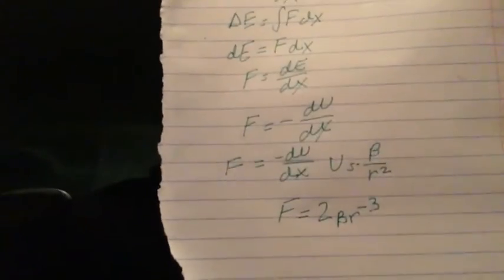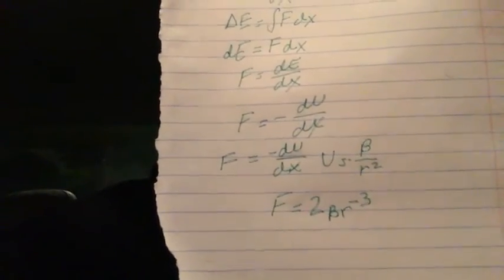Here's what I've done so far. Alright, where do we go from here? From here we can find the acceleration because F equals ma. So a is equal to F over m.